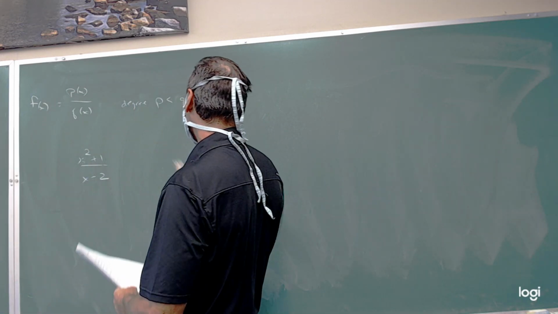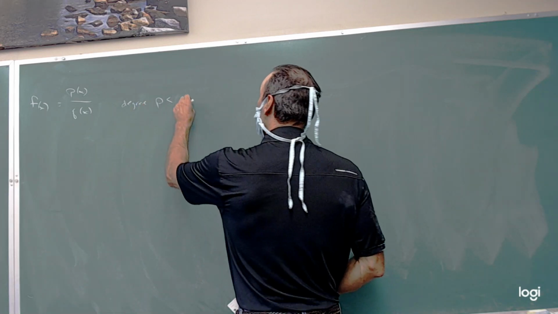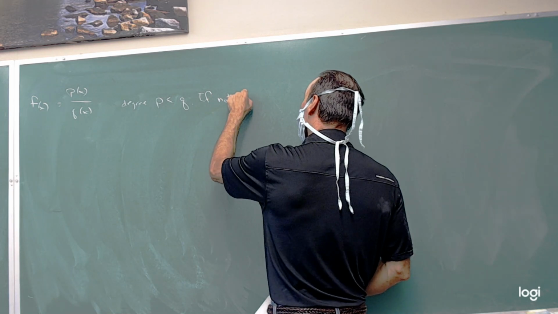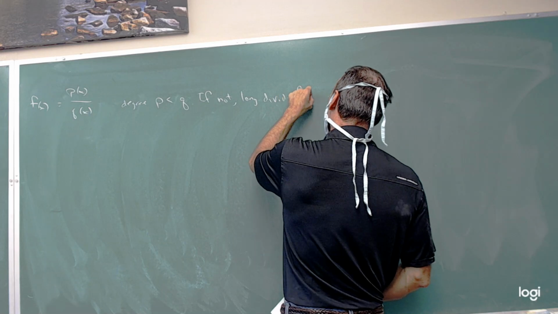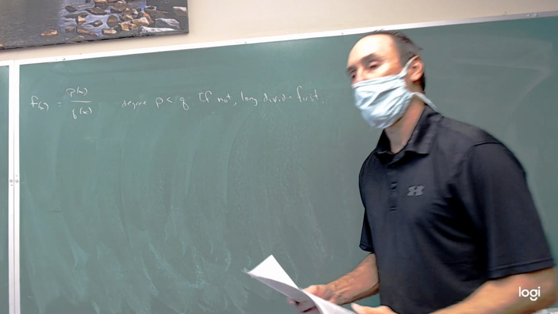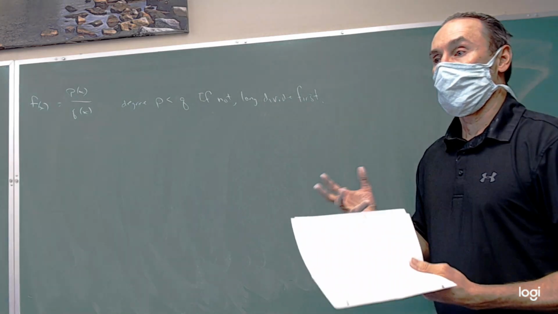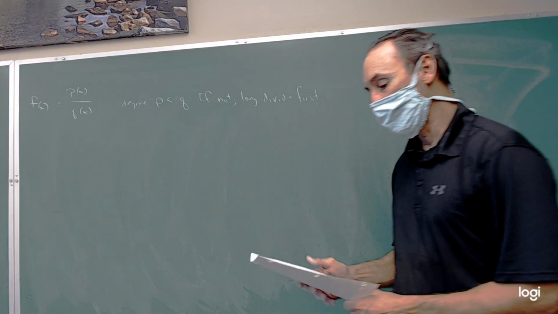So if the degree is not less than that, we long divide first. So we want to look only at these rational functions where the degree of the numerator is strictly less than the degree of the denominator.